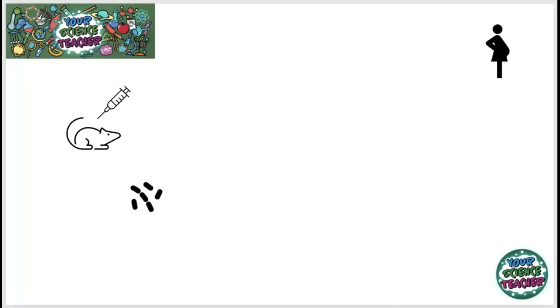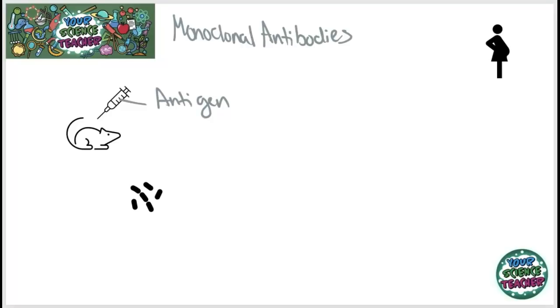We're now going to look at monoclonal antibodies. And what we do to create monoclonal antibodies is we inject a mouse with antigens of either a disease or a hormone that we want to detect. And what the mouse will do is the mouse will produce antibodies against that antigen.